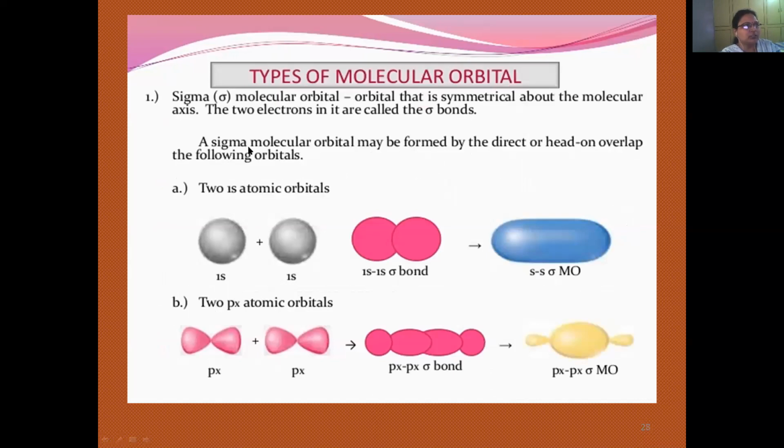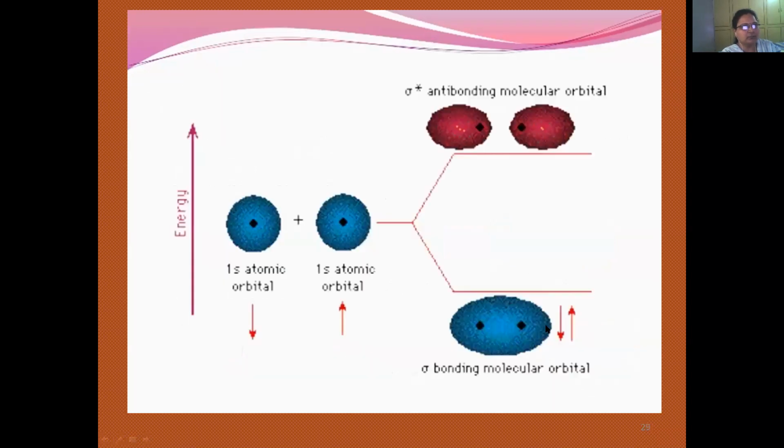So we take the sigma molecular orbital and pi molecular orbital. A sigma molecular orbital may be formed by the direct or head-on overlap of two atomic orbitals forming the sigma bond. Here in the px orbital, you can see the overlapping, which leads to the formation of a sigma molecular orbital.